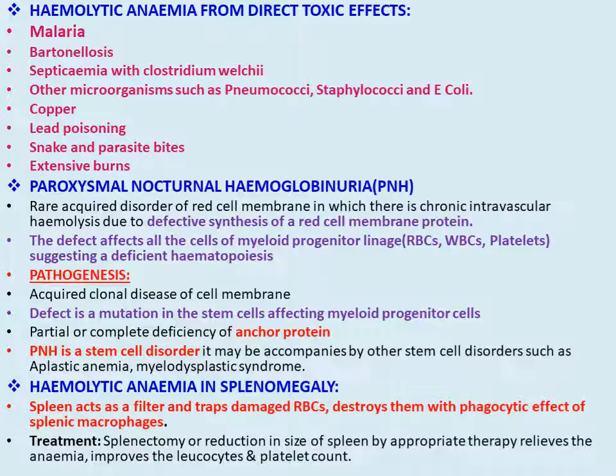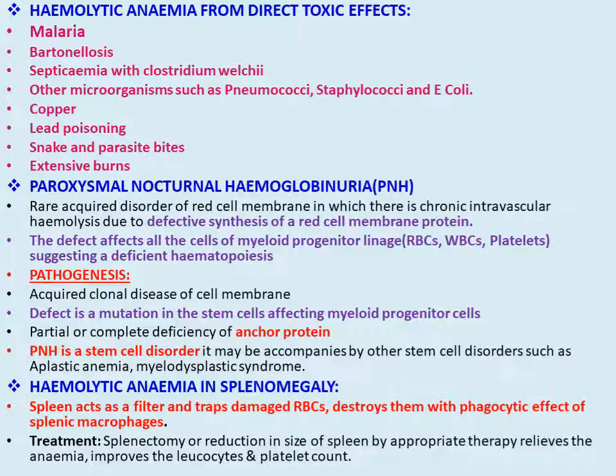That means the cells in the bone marrow where RBCs, WBCs and platelets are formed are called myeloid progenitor cells, suggesting deficient hemopoiesis. So RBC formation is decreased due to a protein defect in the red cell membrane.